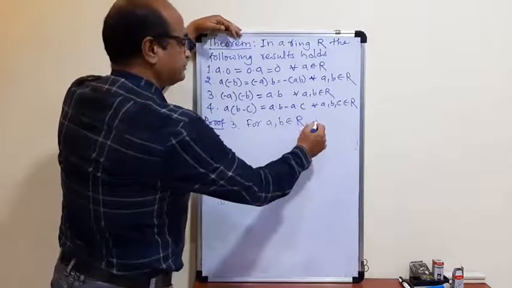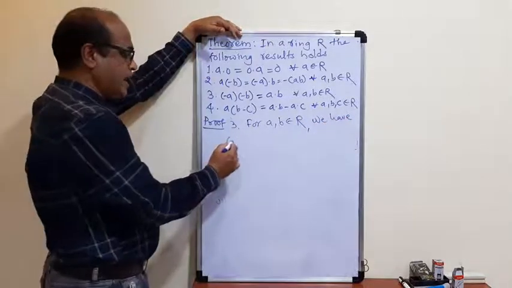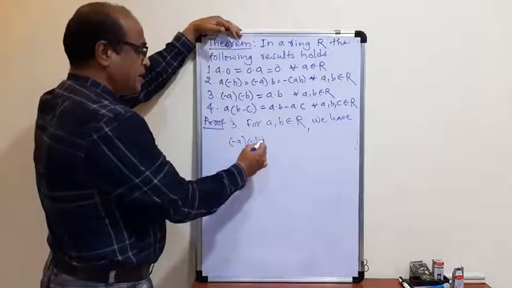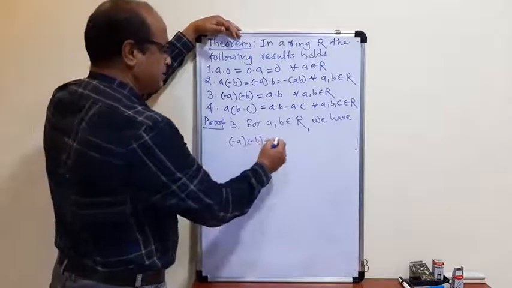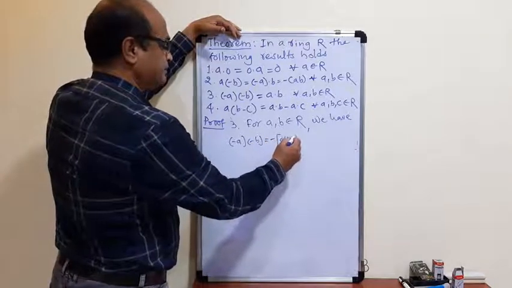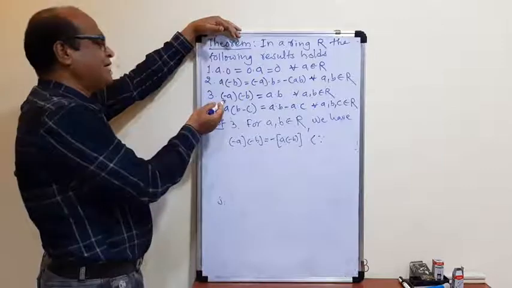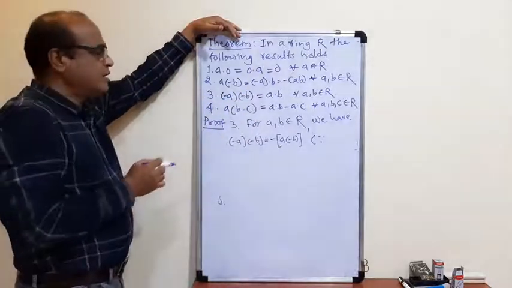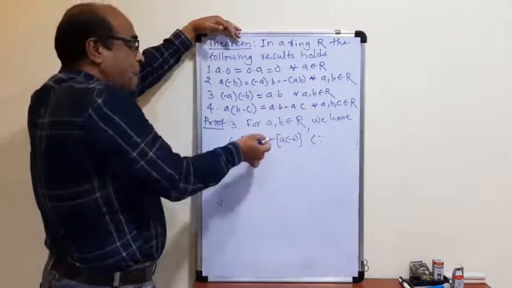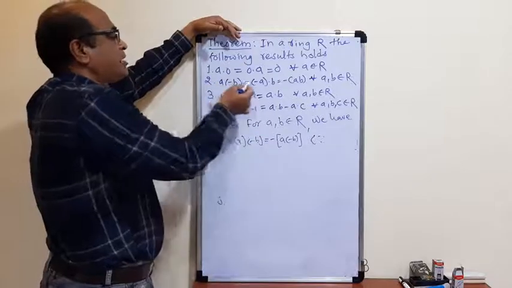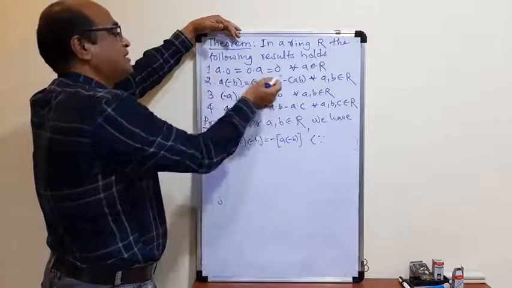So we prove the result 3 here: minus A into minus B is equal to A into B. Minus A into minus B is equal to minus (A into minus B) because of result 2, that is, A into minus B is minus AB.